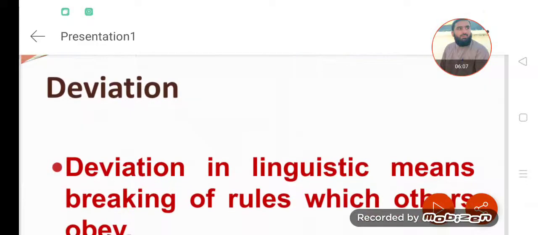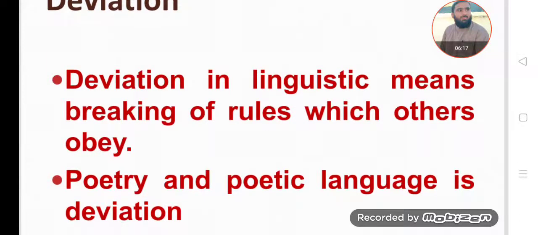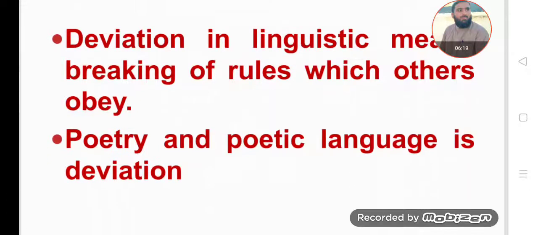There is a deviation in poetic language. It is different in many ways from ordinary language. So poetry and poetic language is deviant language. It's a new form of language. It's artistic language. It's a skillful arrangement of words: the best words in the best order will be there in poetry.